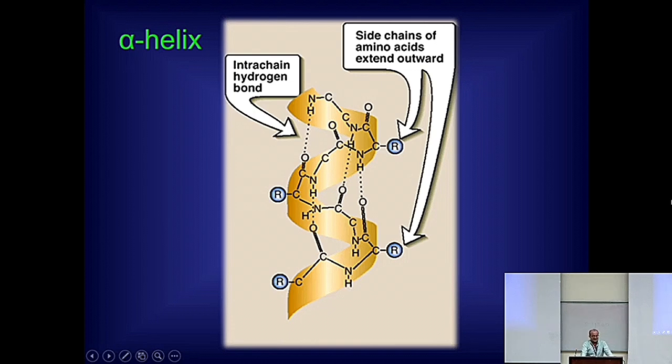Now, what I want you to pay attention to is where the R groups are. They kind of fan out to the outside. So here's the alpha helix, and the R groups are fanning out to the outside.